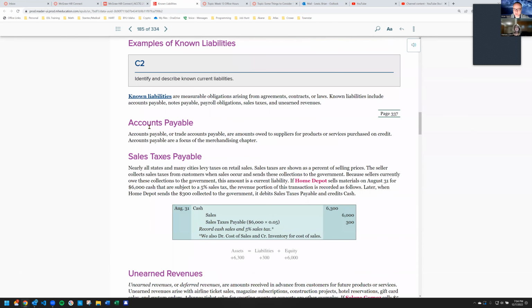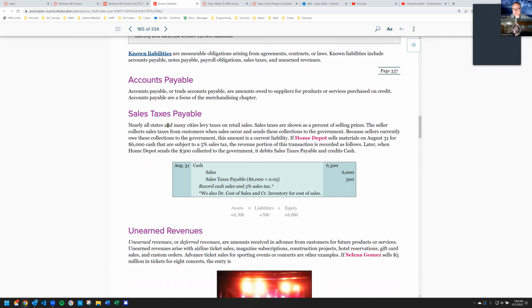Okay, so accounts payable. Accounts payable typically comes from invoices that are sent to you from a vendor, a consultant, a supplier of some sort. And it's usually at some terms. I think we've gone over the terms before, like 2% 10 net 30, or just net 30, or many times these days more like net 45 or net 60.